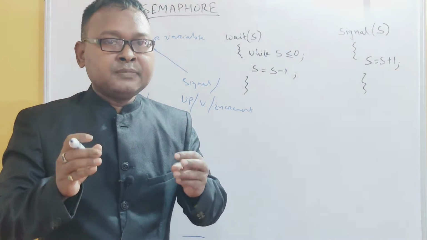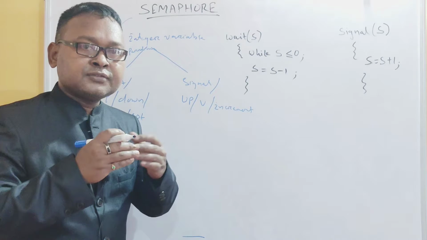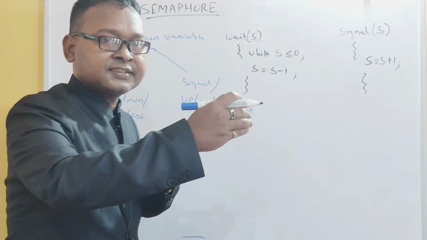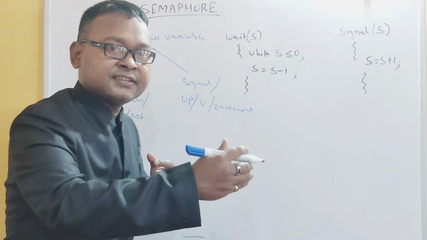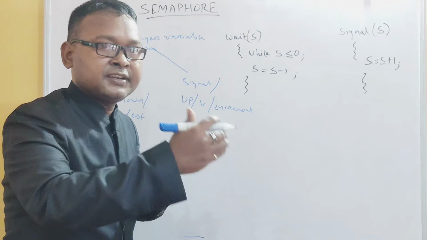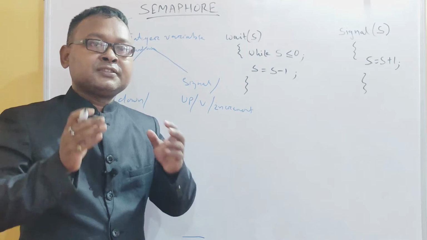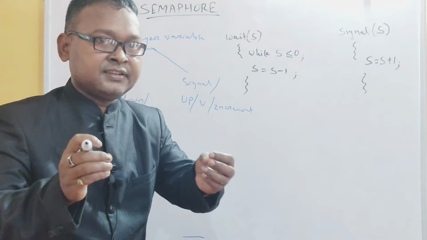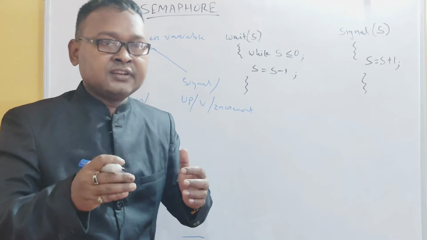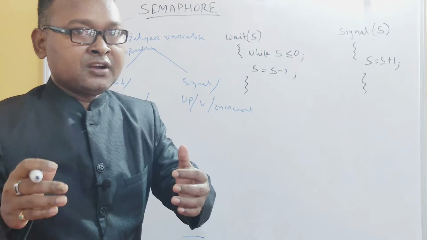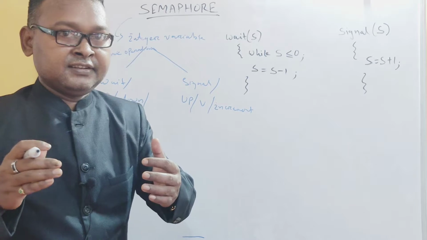It is the problem where the processes compete for the critical section, and the problem arises in accessing the critical section. To avoid the critical section problem, that means to acquire the process synchronization, we move to semaphore. So semaphore is a solution for the critical section problem, or a solution for process synchronization.